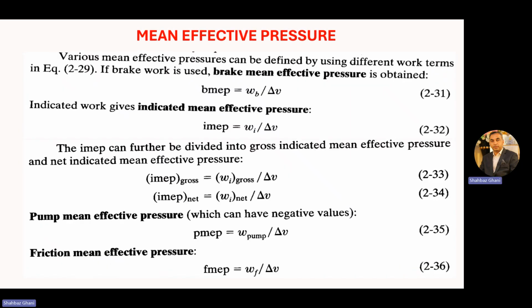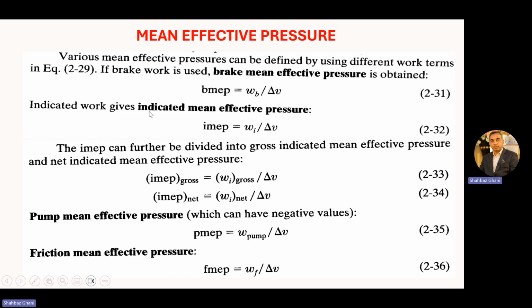Various mean effective pressures can be defined by using different work terms in the equation. If brake work is used, we have the brake mean effective pressure, which is the specific brake work divided by delta specific volume.